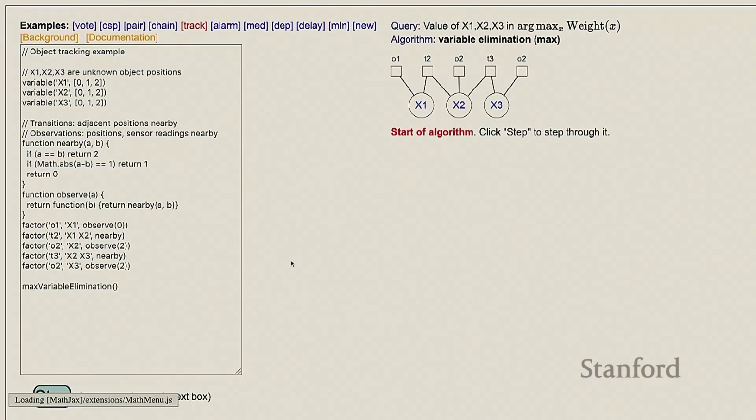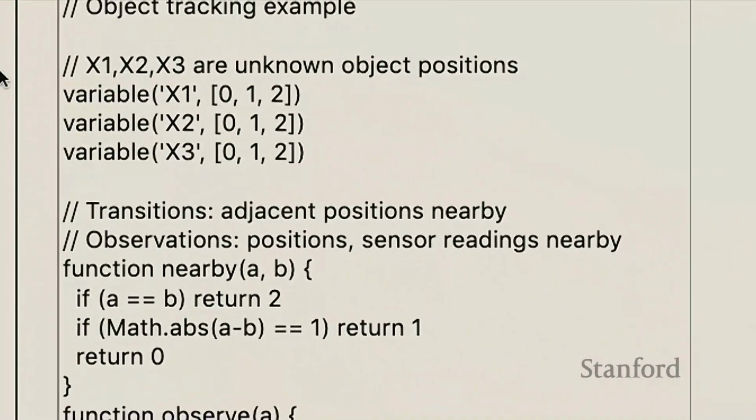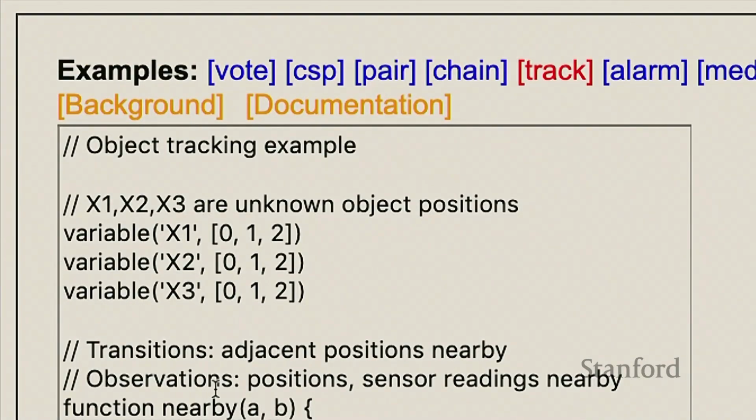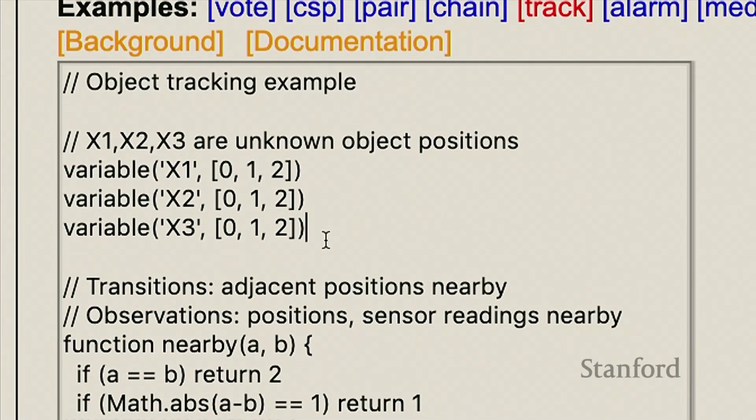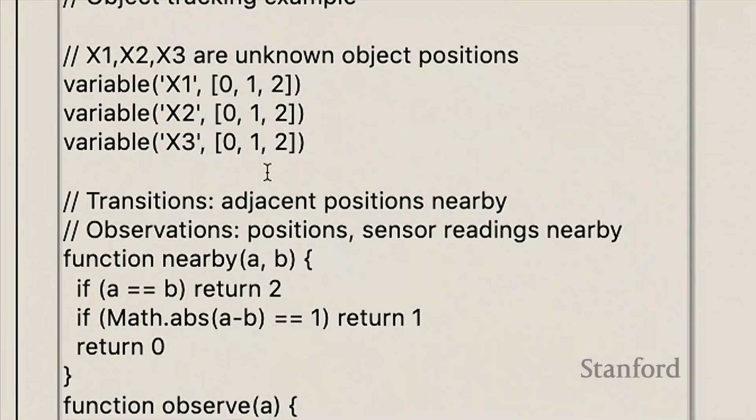And there's this really cool Java applet that you can all play around with on your own time, and I will briefly walk you through it. There's a lot of documentation that you can read, but basically what's happening here is we're creating these variables. We have 3 variables, and we're allowing them to go in 3 positions, so in position 0, 1, or 2.